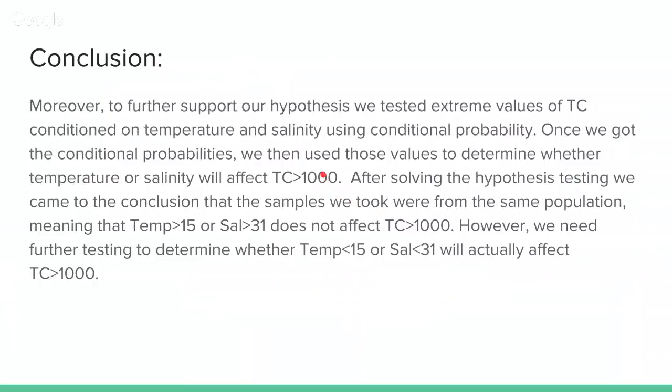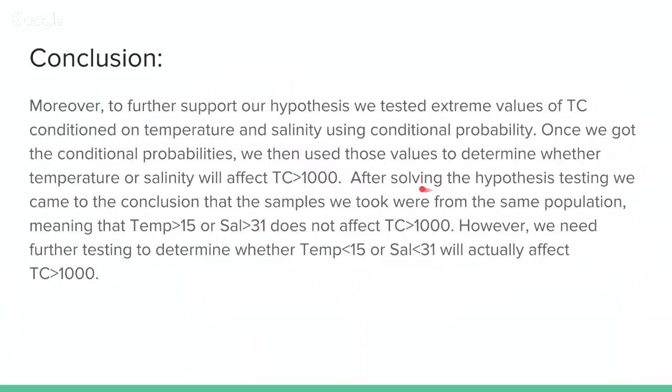Moreover, to further support our hypothesis, we tested the extreme values of TC conditioned on temperature and salinity using conditional probability. Once we got the conditional probabilities, we then used those values to determine whether temperature or salinity will affect TC being greater than 1,000. And it turns out that since our conditional probabilities were so low, temperature and salinity did not really affect TC being greater than 1,000.